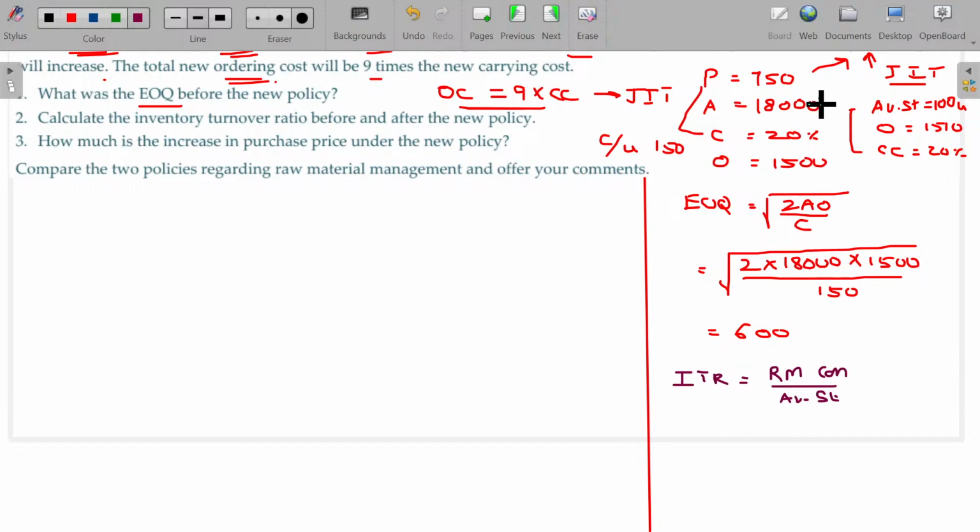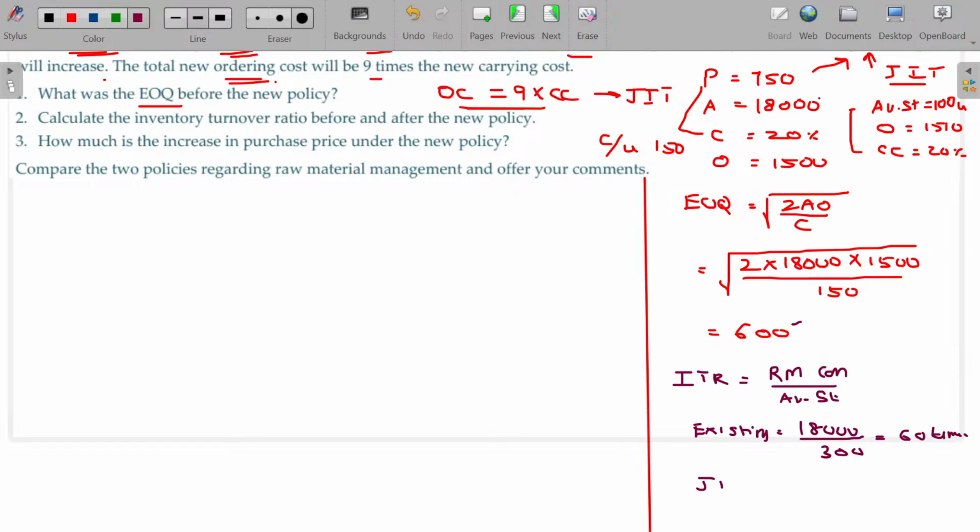Now the raw material consumption being 18,000, existing, what is the average stock you have? You order 600 units every time, so average should be half of that, 300. That gives 60 times.